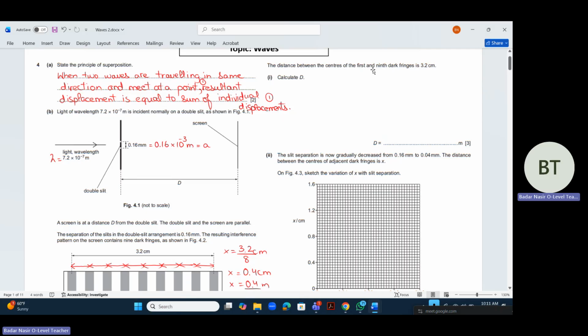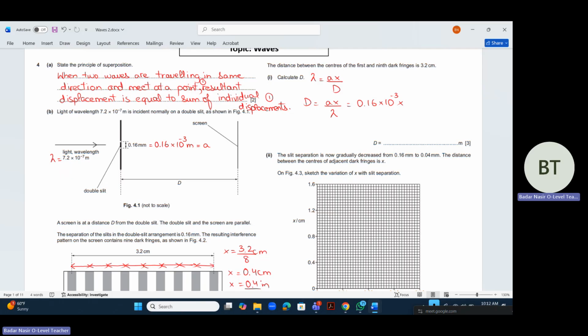Okay, now calculate the distance D. So what is the formula? Lambda is equal to aX over capital D. Now we have to find D. So let me make capital D the subject: aX over lambda. Okay. Now a is the slit separation, 0.16 into 10 to the power -3.